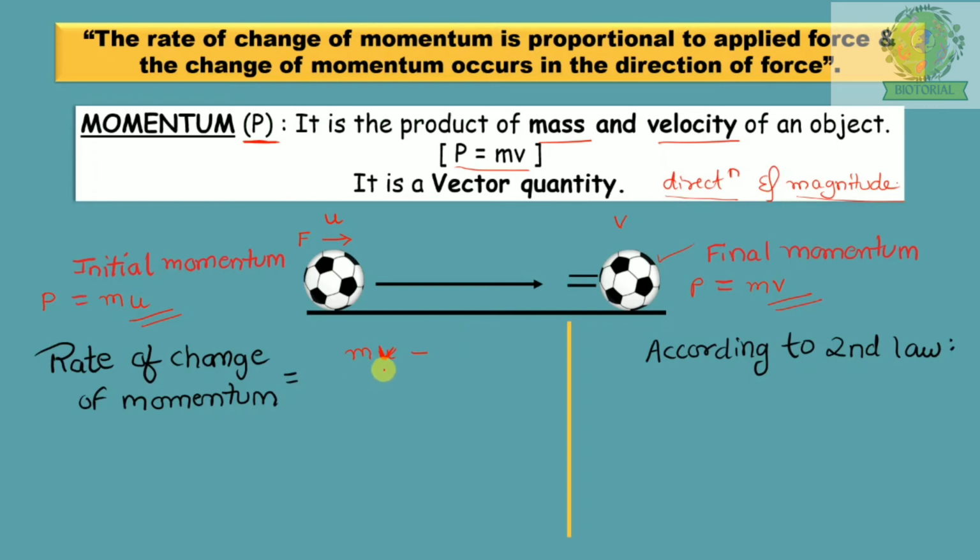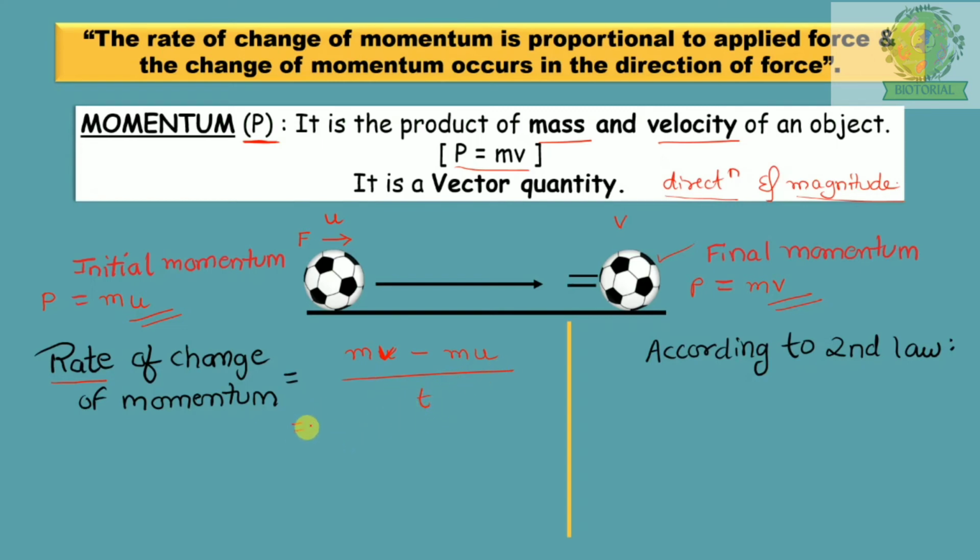Likewise, final momentum will also come here first. Minus mu upon time t. Why time t? Because we are calculating rate, and whenever rate of any quantity is calculated, we have to calculate it with respect to time. So that is the rule. So we divide it with time t.